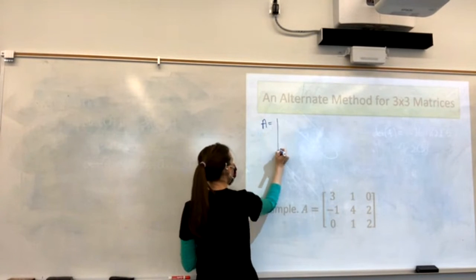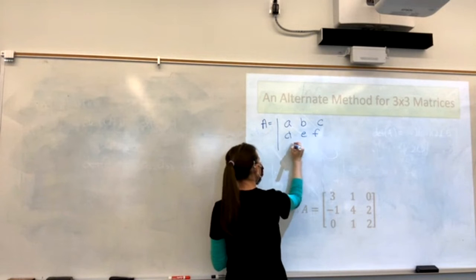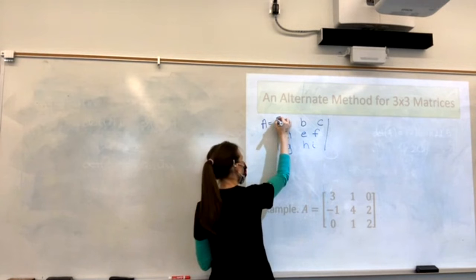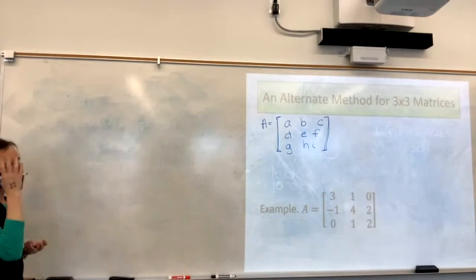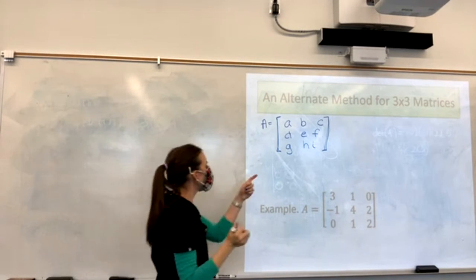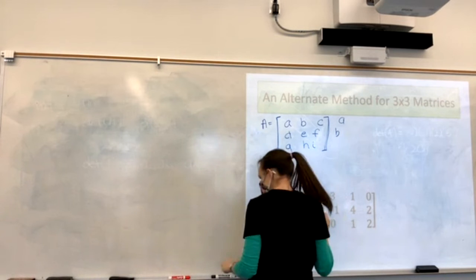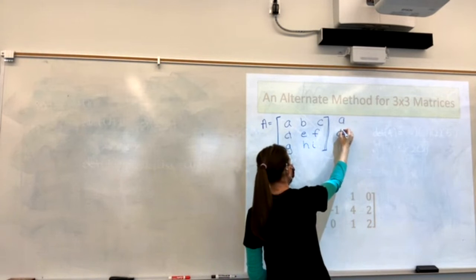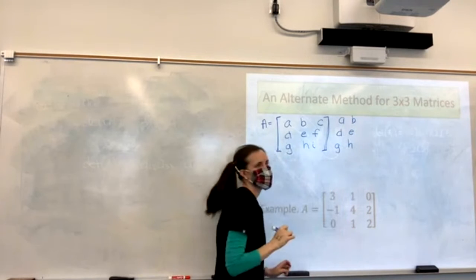So if A is a 3 by 3 matrix with entries A, B, C, D, E, F, G, H, I, there's a trick for 3 by 3. So what you do is you copy over your first 2 columns, so A, D, G, B, E, H.